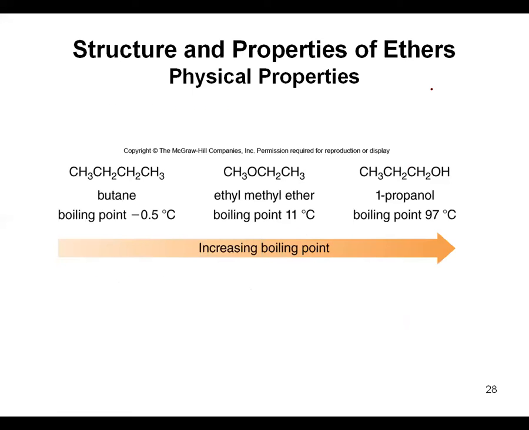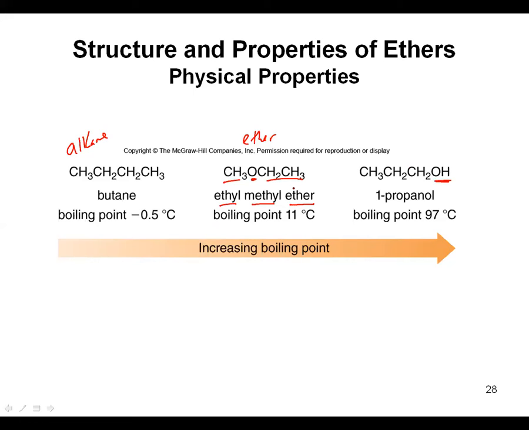As this little graph here shows, on the far left, this is our alkane, all carbons and hydrogen single bonds. This is our ether. Again, we have the oxygen there. Left-hand side, methyl. Right-hand side, ethyl. Ethyl methyl ether. And here's our alcohol, which has the ability to hydrogen bond.